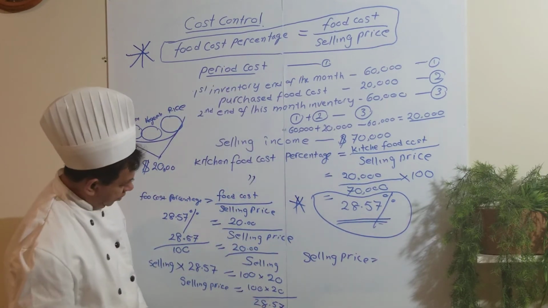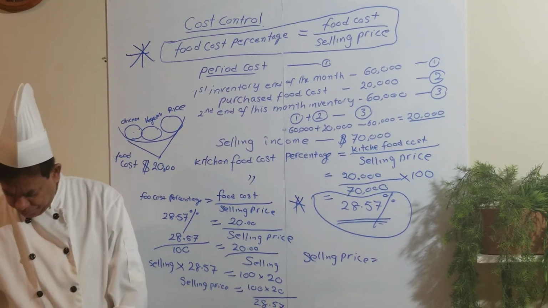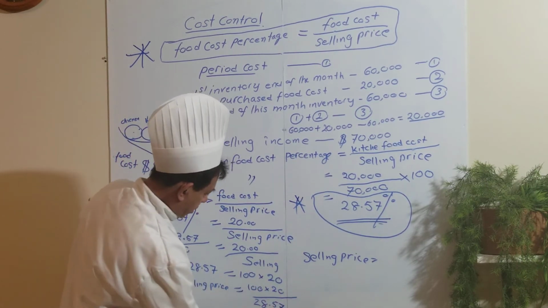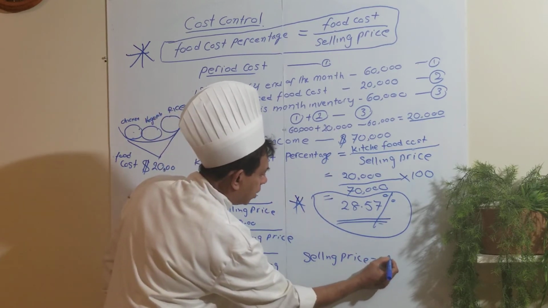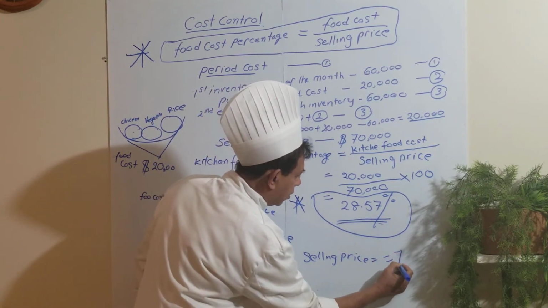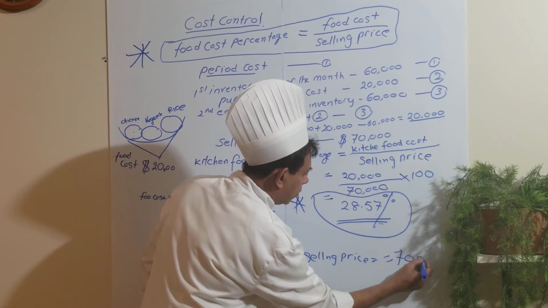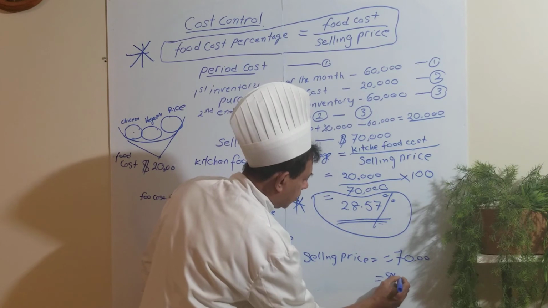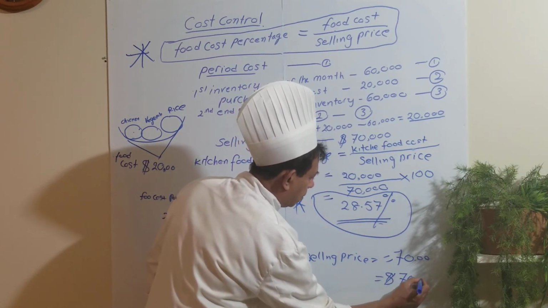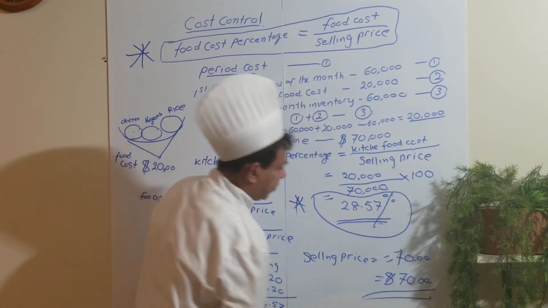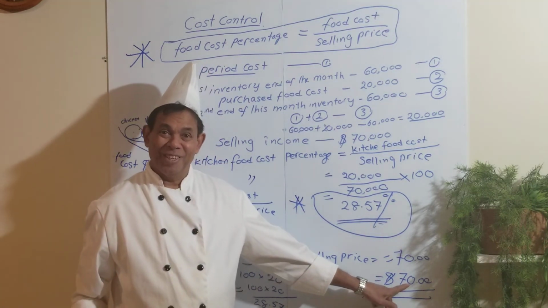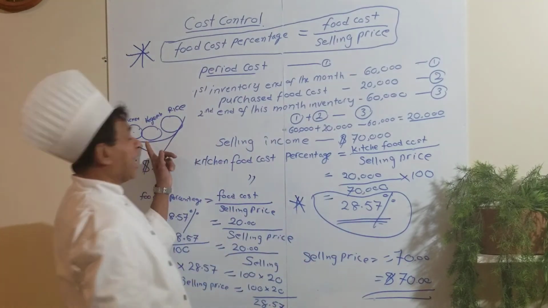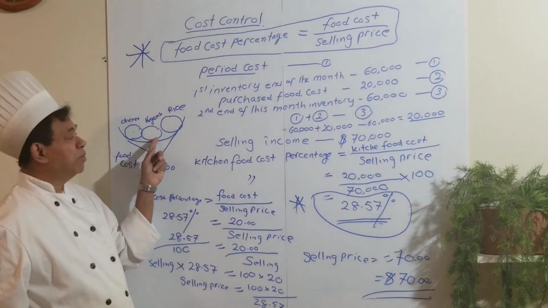After doing this, the selling price comes to $70. That is my selling price of the plate which I created with the chicken, vegetable and rice.